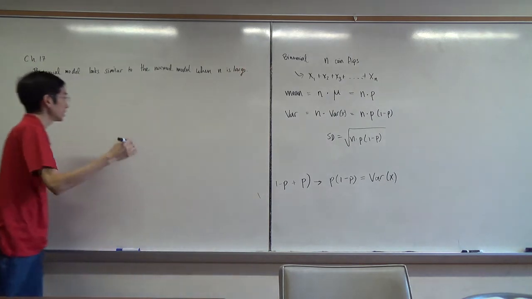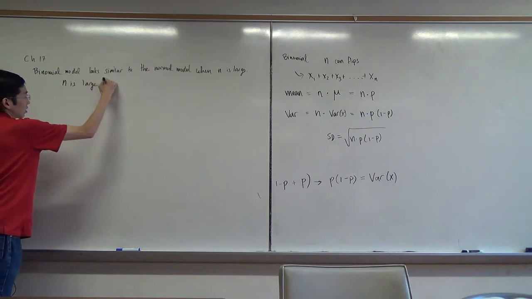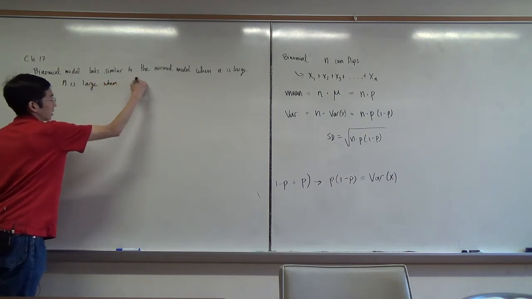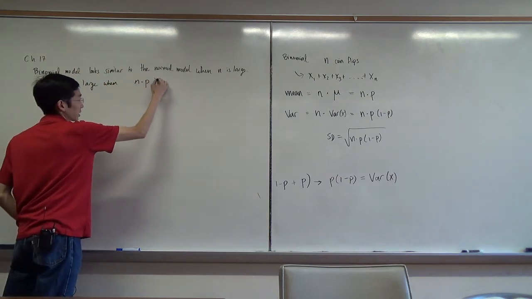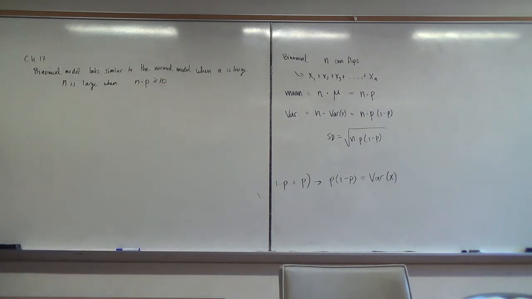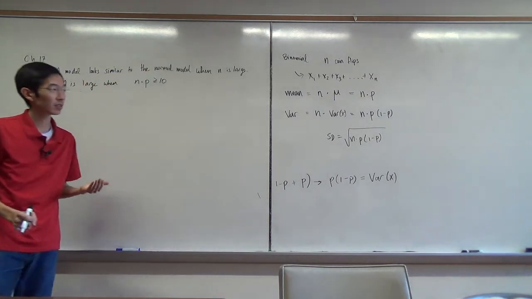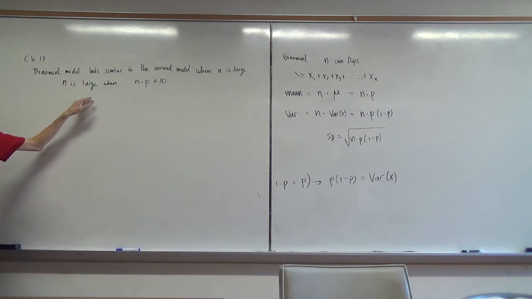And n is considered large when n times p is greater than or equal to 10. Just a rule of thumb, but it's a good rule. And so we can approximate a binomial model using the normal model.